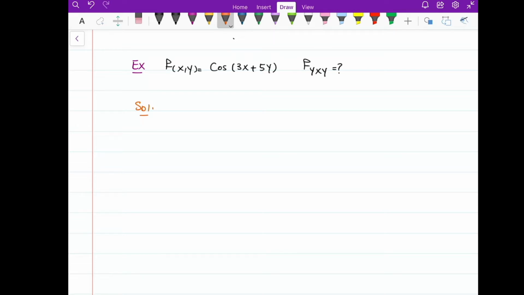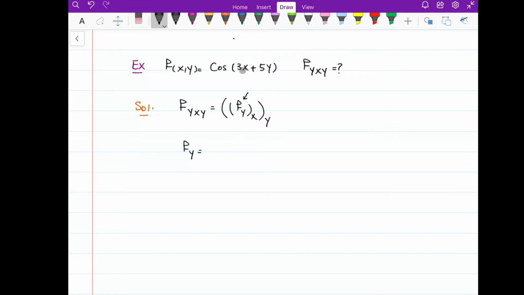To find the solution of that, fyxy is f with respect to y, then I take the derivative of that with respect to x, then I take the derivative of that with respect to y. So I need to start from y. I need to take the derivative of this function with respect to y. I need to use the chain rule.